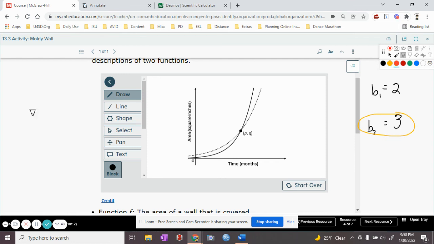Yeah, that's our solid line. And the one that's increasing slightly slower than that, B equals the multiplier of 2, that's our dashed. Okay, so the dashed, or the multiplier of 2, that's mold A. And the multiplier of 3 is this one, or that's mold B.